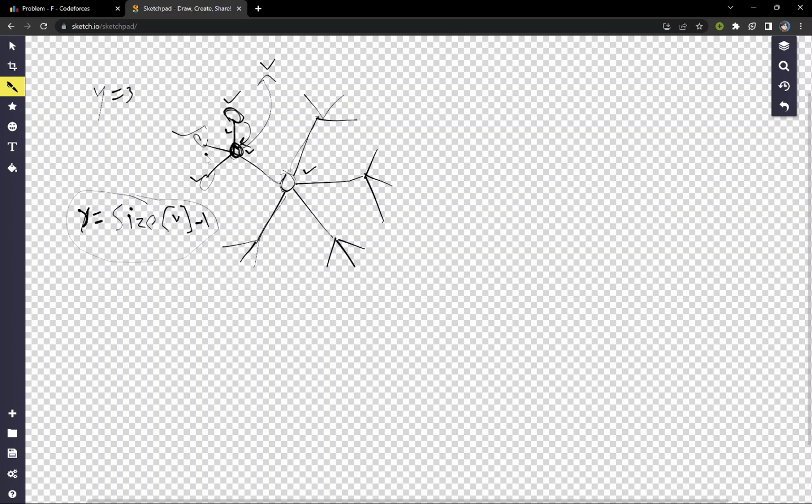Otherwise all of the other neighbors of v are leaf nodes. So we can get the central vertex by the condition that it is not a leaf node.